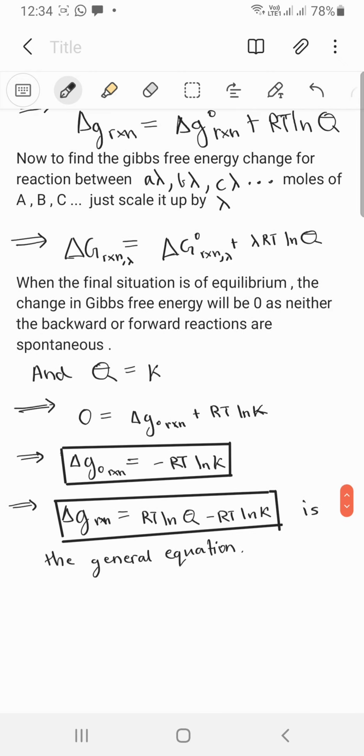When the final situation is of equilibrium, the change in Gibbs free energy will be zero, as neither the backward nor forward reaction is spontaneous. And for that particular case, we have the reaction quotient being equal to the equilibrium constant.